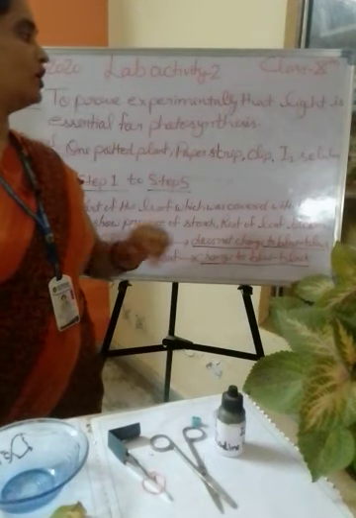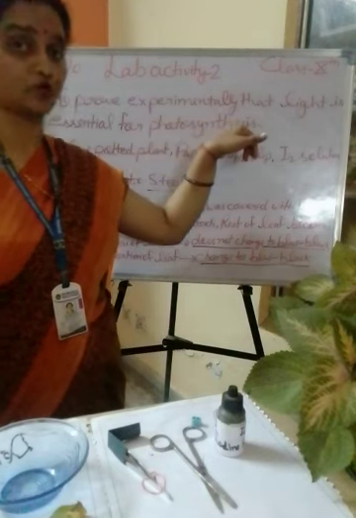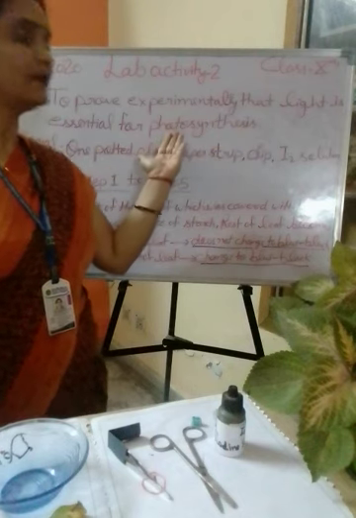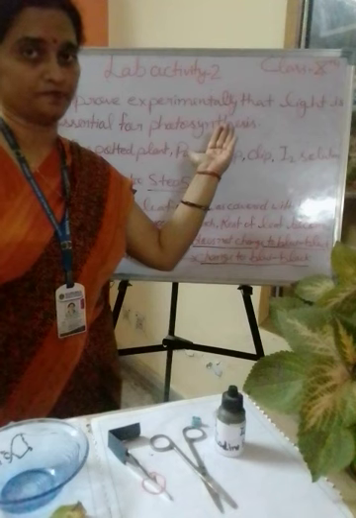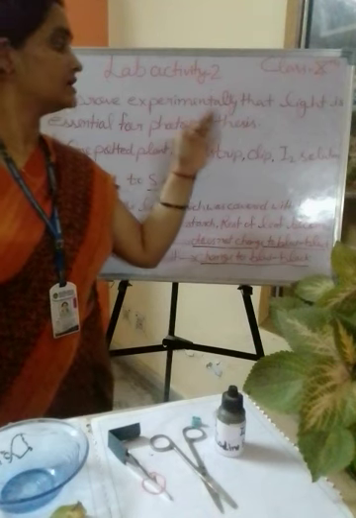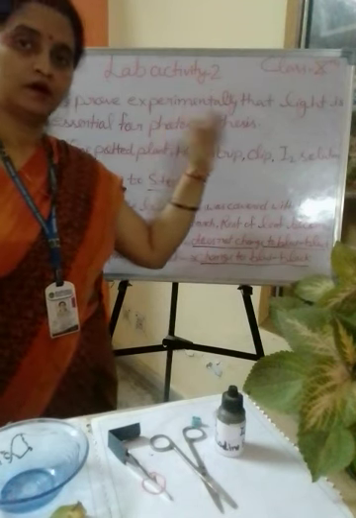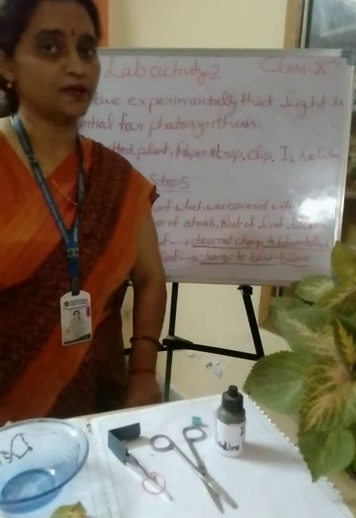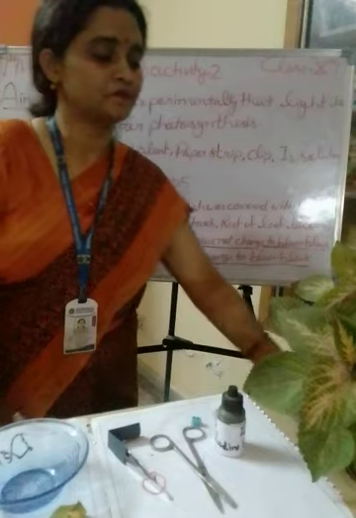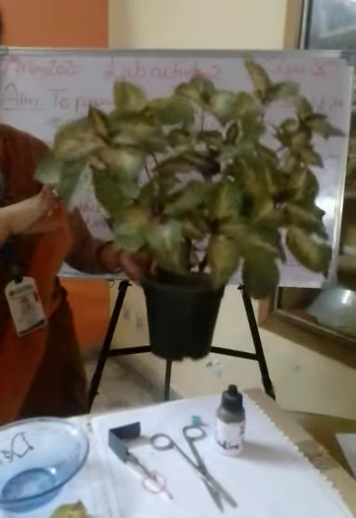First of all, what is the meaning of photosynthesis? Photo means light. Synthesis means to build up. It means to make food in the presence of sunlight. Okay, do you know it very well? This is the potted plant. Look at the potted plant.